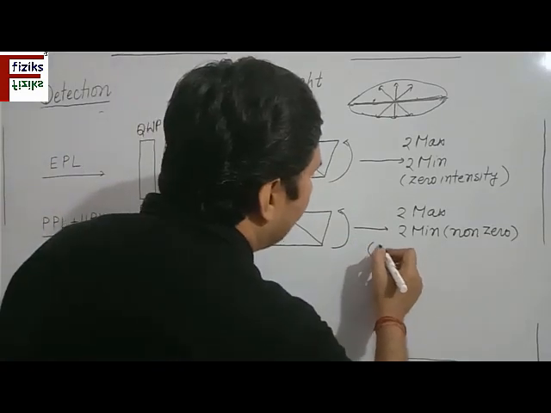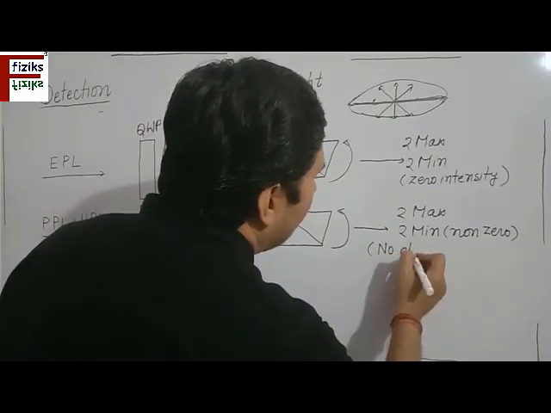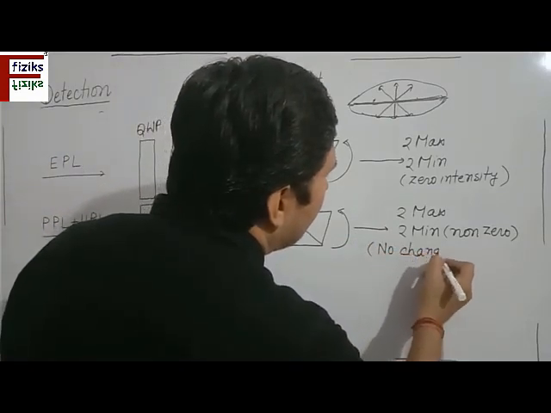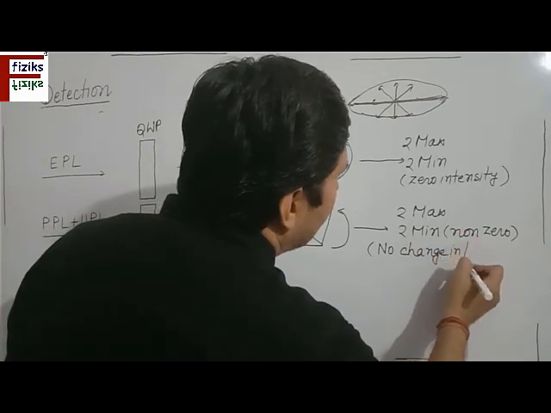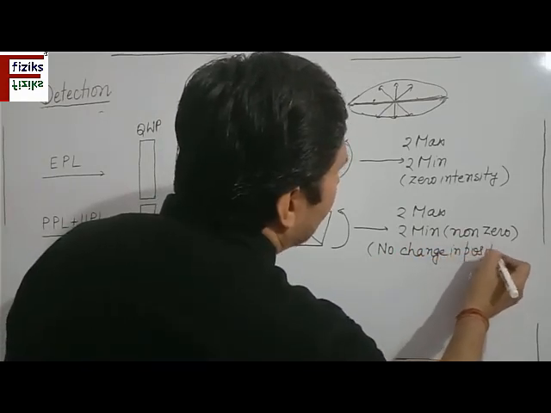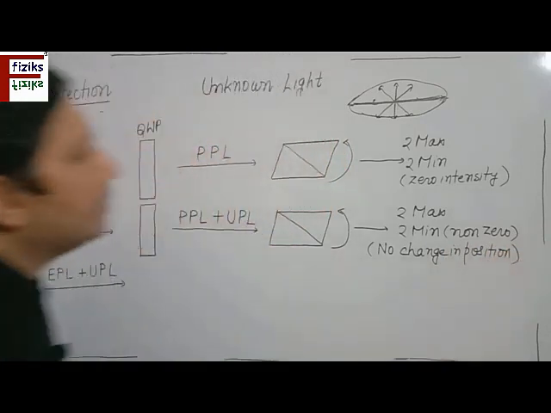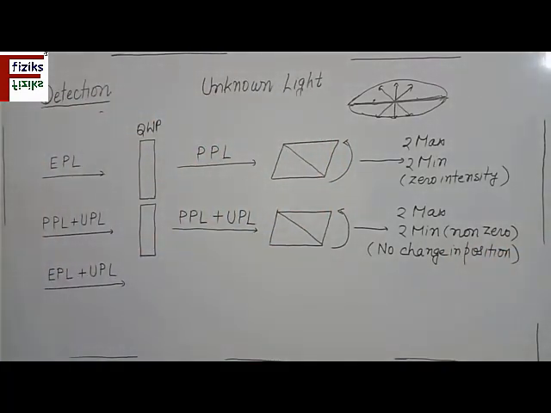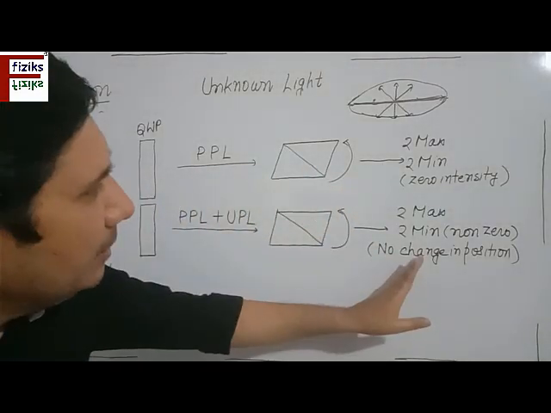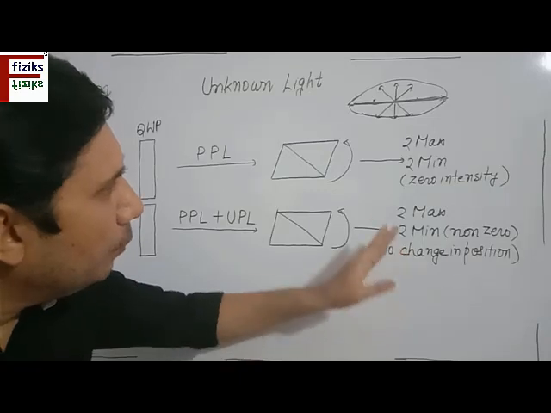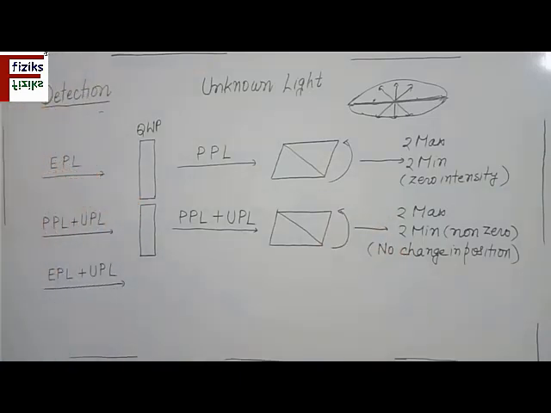There is no change in the position of maxima and minima in this case. First we were passing the unknown light through the rotating Nicol, and we were getting two maxima and two non-zero minima. Whatever the position there, the same position will be here. There will be no change in the position of maxima and minima here.